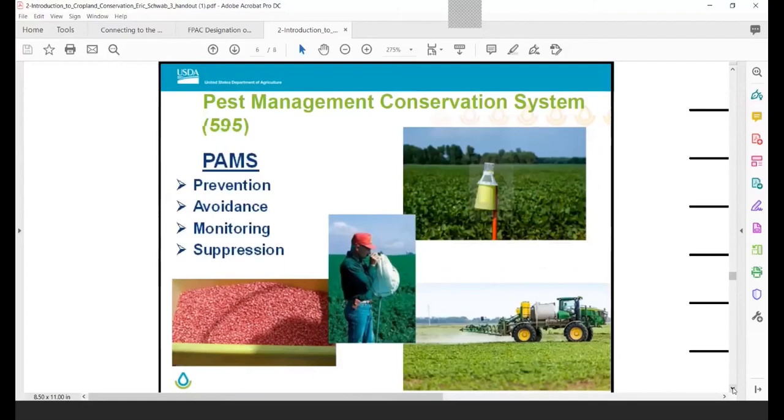It's not a standard for not applying pesticides. It is a standard that encourages producers to have a plan and to use pesticides when needed. In addition, to address water quality, we're going to run a tool to evaluate the risks to water quality and mitigate those risks. So that's the Pest Management Conservation Systems 595 standard. We can scroll on to the next slide, please.